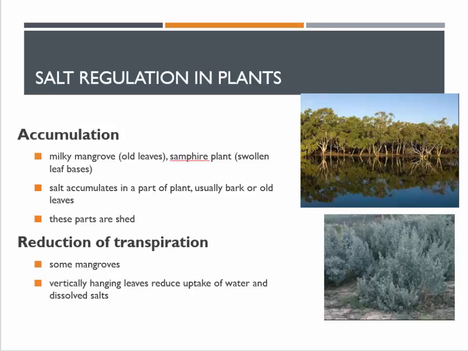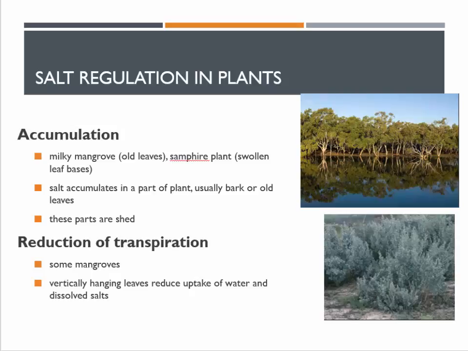Once these get high salt levels, they will kind of dry out, and when they dry out they get brittle, and there's a high chance that they will actually just fall off the plant. And if they fall off the plant, they're no longer part of its physiology, and so the plant can continue on. It's a really effective way of getting rid of toxins and salt.